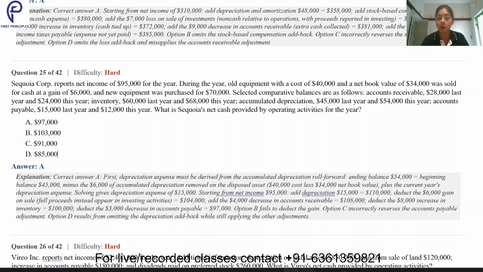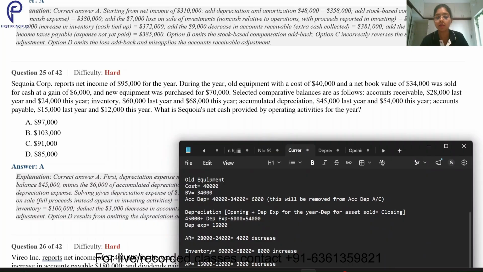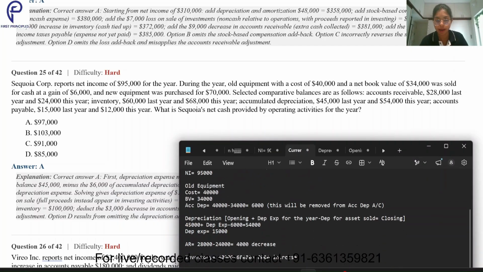Okay, so I have already written down everything over here in my notepad. As we have to calculate net cash from operating activities, we are very clear that we have to focus only on those particular numbers which are directly related to the calculation of net cash from operating activities.